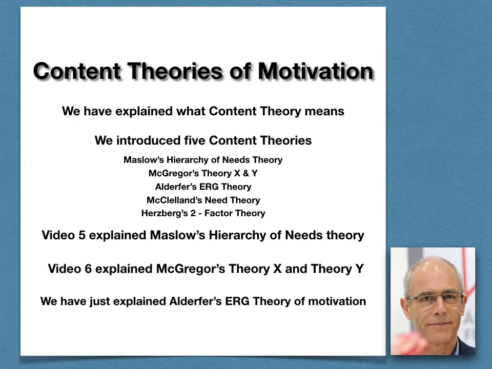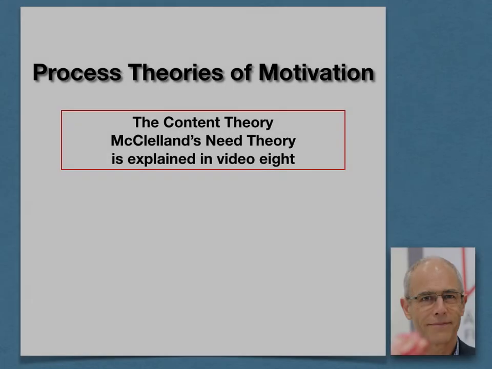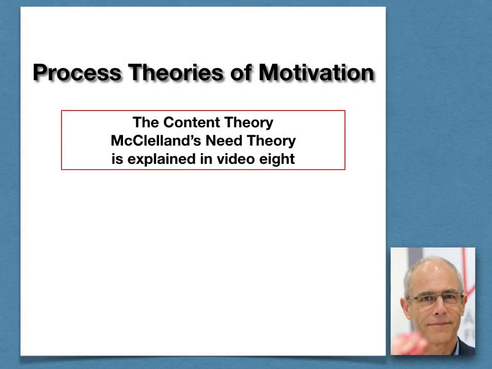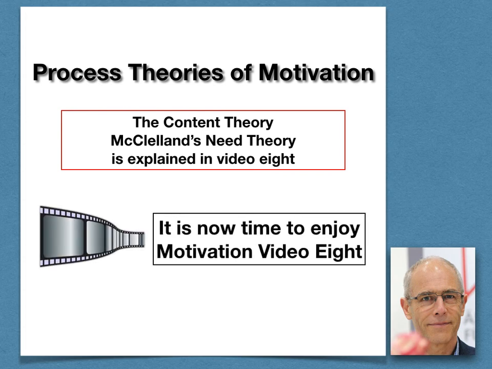We followed this in video 6 with McGregor's theory X and theory Y. In this, the 7th video, we've just explained Alderfer's ERG theory of motivation. Video 8, the next video in this series, is the 4th content theory of motivation, McClelland's need theory. It's now time for you to move on in our series and enjoy video 8.